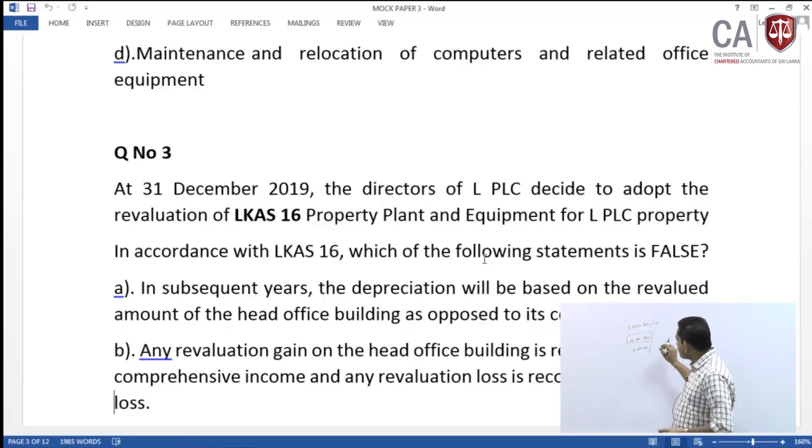So, 10 years out of 10 years, 2 years gone, this 4.8 has to be depreciated over the remaining 8 years period. So, subsequent to the revaluation, your depreciation should be based not on the historical cost but on the revaluation. So, the first statement is absolutely correct.